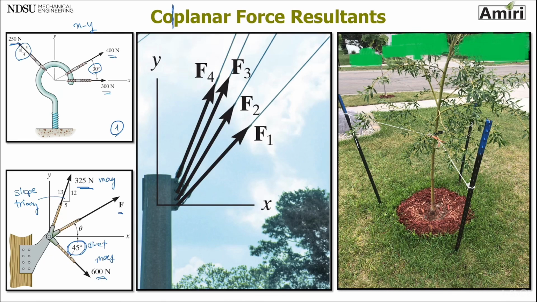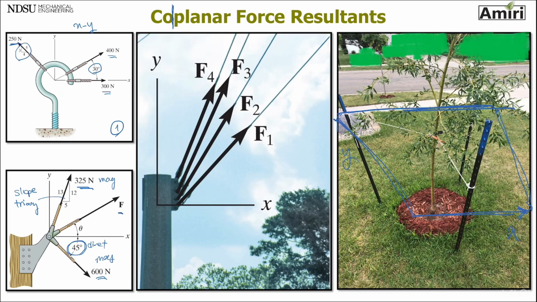The third picture is actually a tree that I planted a couple of weeks ago and it has 3 sticks on it. This looks like 3D, but if you think about a flat 2D plane, let's call this x, let's call this y.